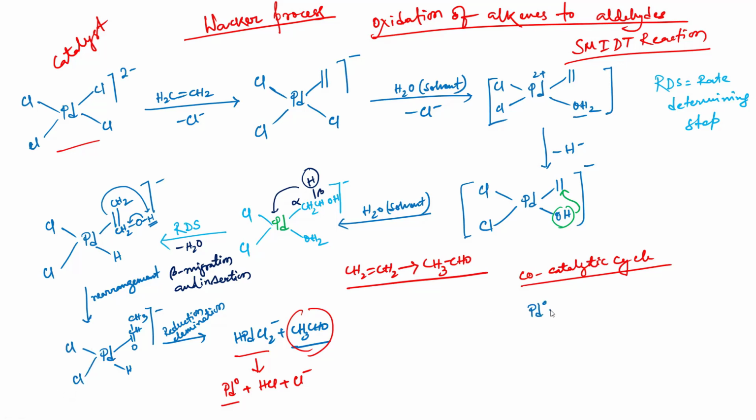Look, Pd0 plus CuCl2 plus 2Cl minus will give PdCl4 2 minus plus 2CuCl. Again, the precipitate of CuCl will be transformed into CuCl2 by this reaction.